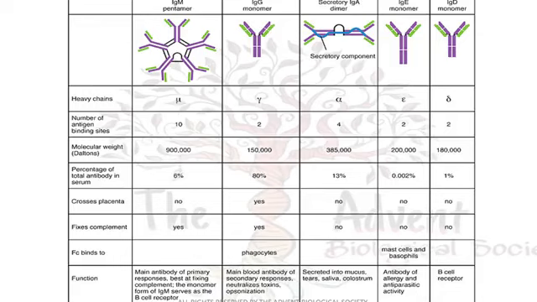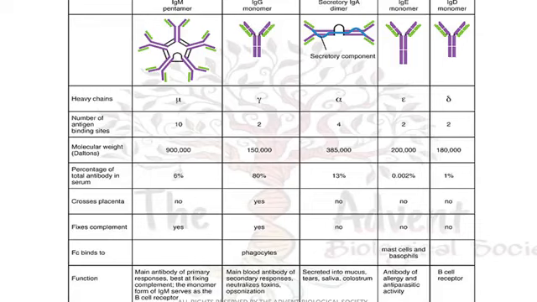Now the number of antigen binding sites in case of IgM pentamer is 10, but you have to remember that the total number of CDRs, or the complementarity determining regions, in case of IgM is 60. Whatever is the total number of antigen binding sites that are present, you multiply those with 6 to get the amount of CDRs.